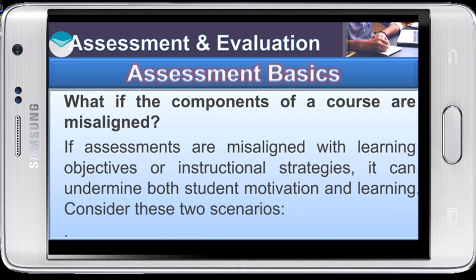What if the components of a course are misaligned? They should not intersect. They should not interrupt each other. They should work parallelly towards the objective. What's the objective? Successful learning, better teaching.